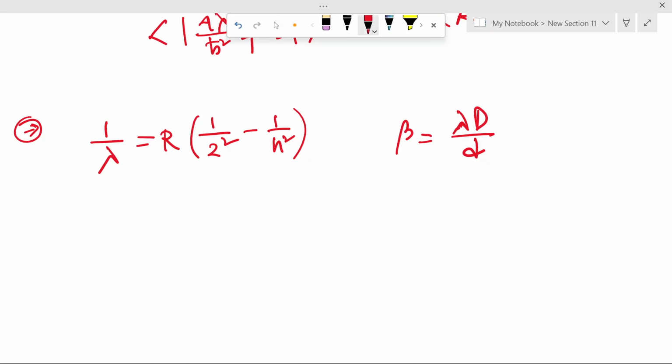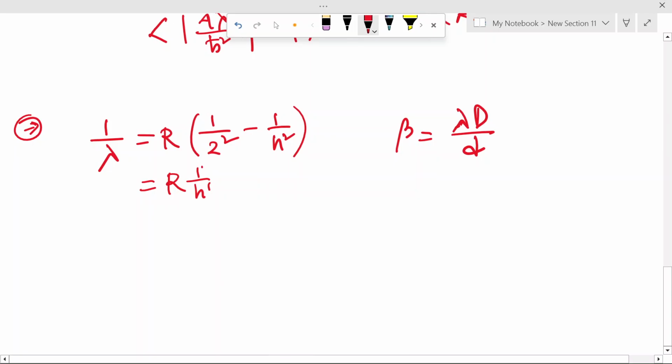So your beta has to be constant for different values of lambda. So let's make it 1 by n prime. Say 1 by R is equal to R prime. So lambda is equal to R prime into n prime, where R prime is equal to 1 by R. So it's a constant, so it does not matter.